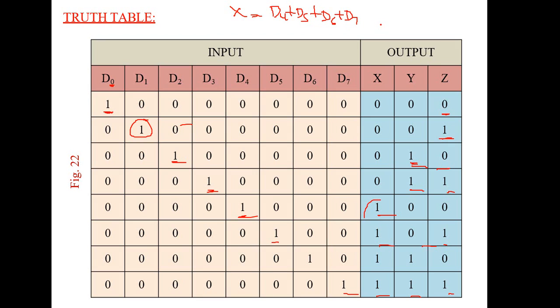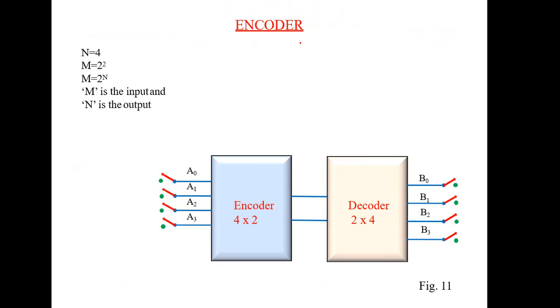Next, when Y is high: Y is high at D2 and D3, so D2 plus D3, and it is also high for the last 2, D6 and D7. Similarly, Z is high for odd numbers, as we discussed previously, so Z is D1 plus D3 plus D5 plus D7. Now this is your logic diagram. Previously I told how to draw the logic diagram.